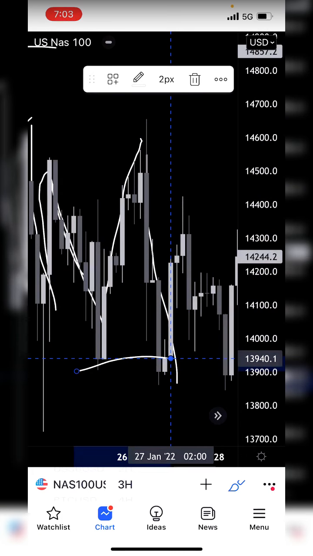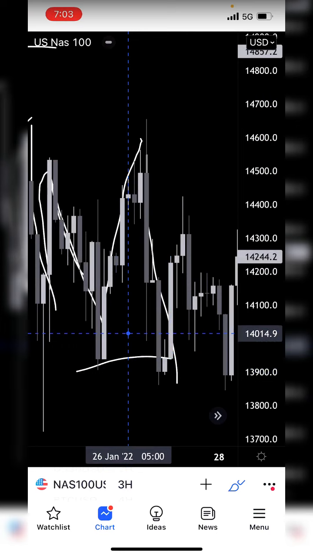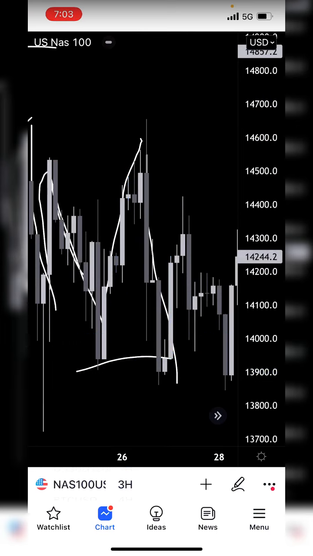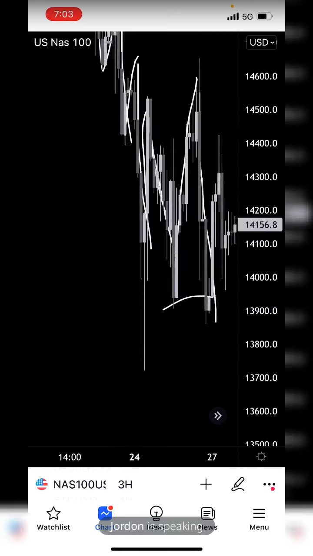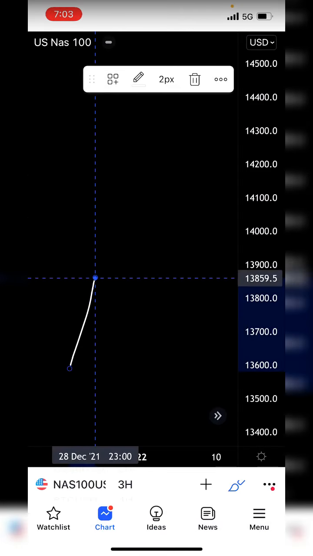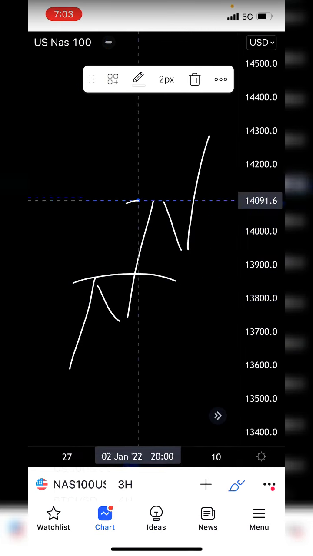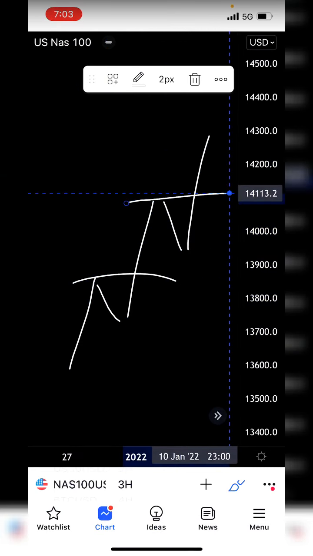When you're going for buys, I'm gonna show you, you just want to keep seeing it break the high. So I come down, break the high. That is what you're looking for.